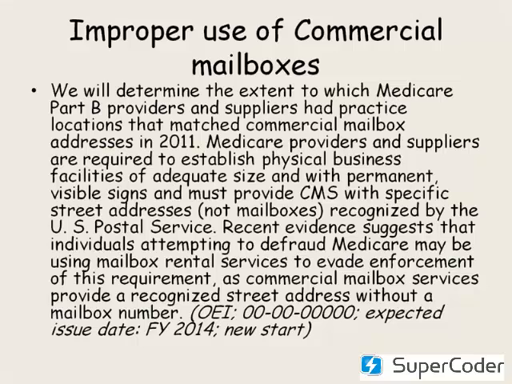And so they're starting to look at some of these enforcements of renting a box and then finding out that it's not a real business. This was very popular in the late 90s, that there were a lot of these, and that's kind of why they put a kibosh on that. So if you have some of your things going to a rented box, please make sure on your 855 form that you state the actual physical location of your office.